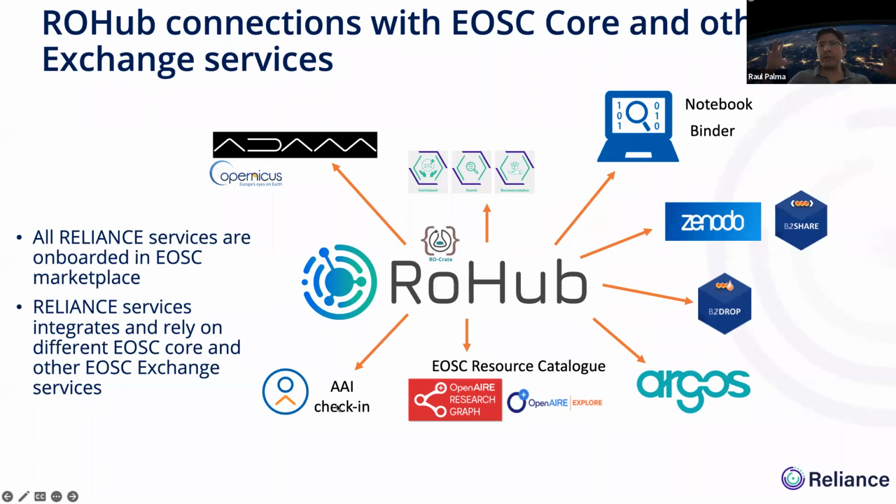So all of these services have been integrated in RoHub one way or the other. Of course, it depends how you are going to use the service, and I will show you in a moment how this works. But these are many connections that you can have. So at the end, RoHub becomes also some kind of virtual research environment, which gives you access to many other services as well.